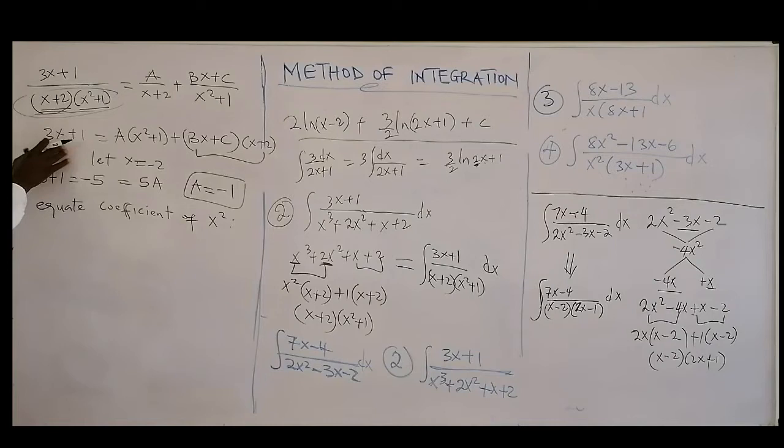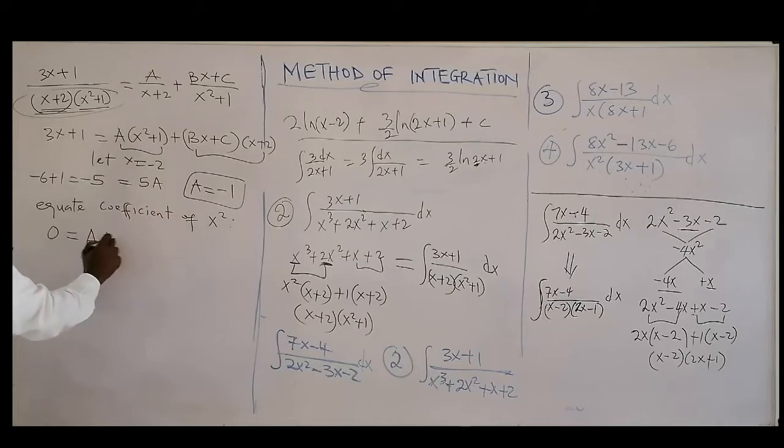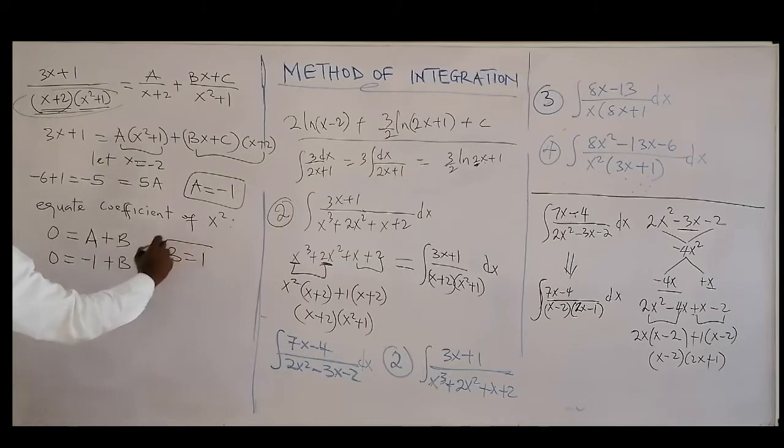We don't have x squared on the left hand side, so that is 0. On the right, if you expand, you have A here and also plus B. We've gotten A already, A is minus 1. So 0 equals minus 1 plus B, so B is 1.